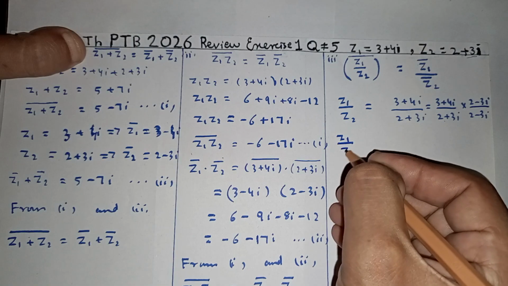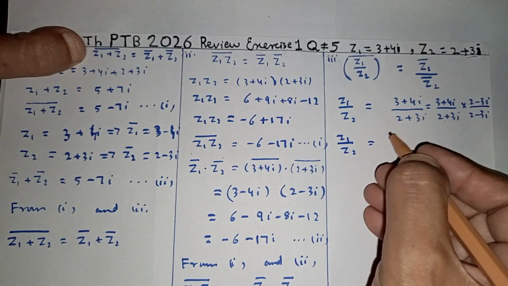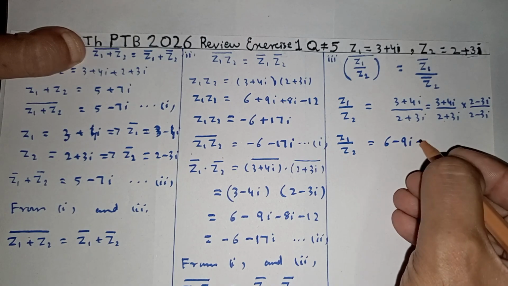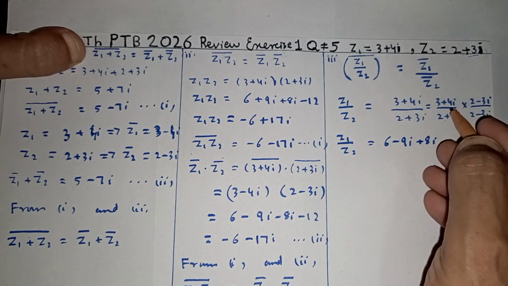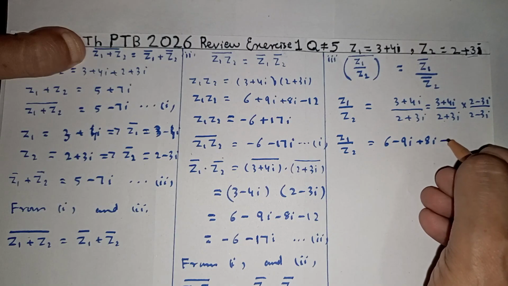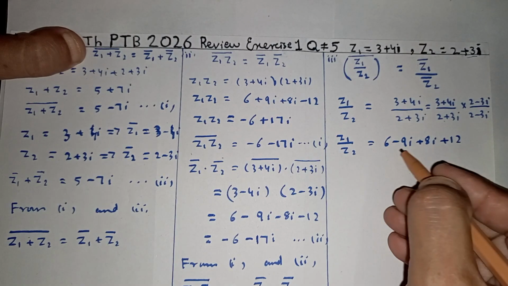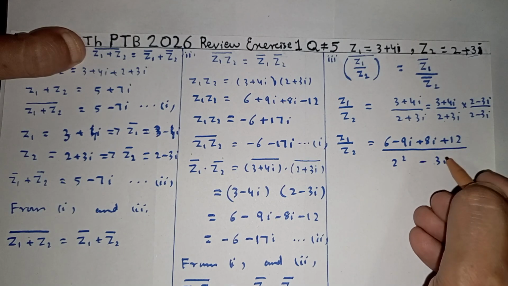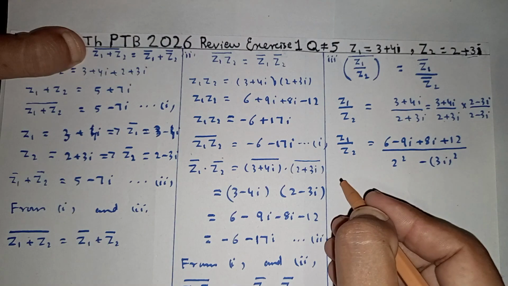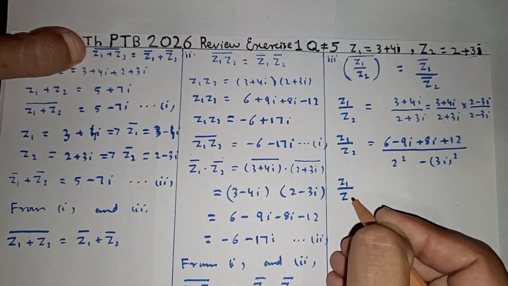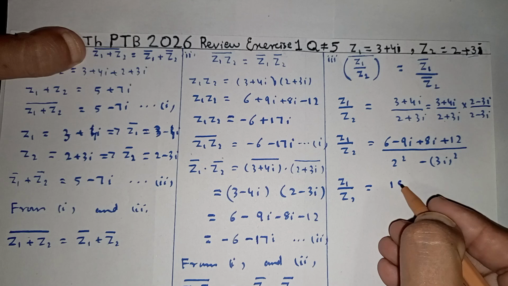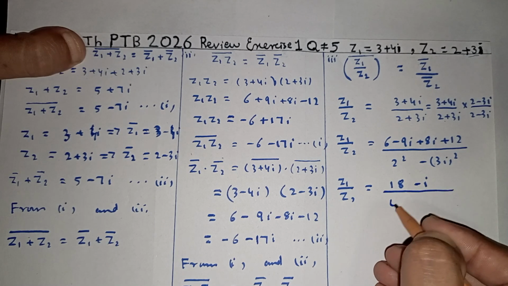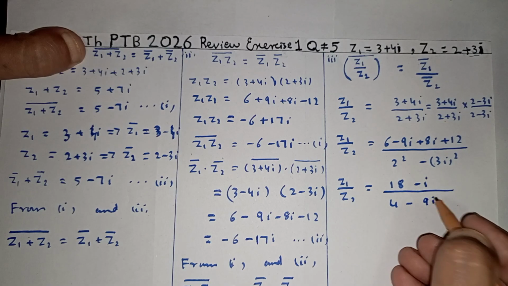Student, we get Z1 divided by Z2 is equal to, after multiplication, 6 minus 9 iota plus 8 iota minus 12 iota square, which is equal to plus 12. In the denominator we get 2 square minus 3 iota whole square. Z1 divided by Z2 is equal to 18 minus iota divided by 4 minus 9 iota square.